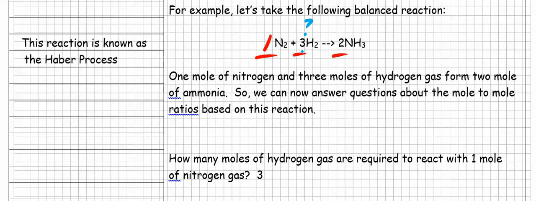So it's a 1 to 3 relationship. The answer would simply be 3 moles of hydrogen gas, right? So you see how that mole to mole relationship allowed me to answer that question. If I had 2 moles, well, the 2 moles of hydrogen would not react completely with nitrogen, right? Or even 1 mole would certainly not react completely with nitrogen. So you'd have to have 3 moles of hydrogen to react with 1 mole of nitrogen, right?